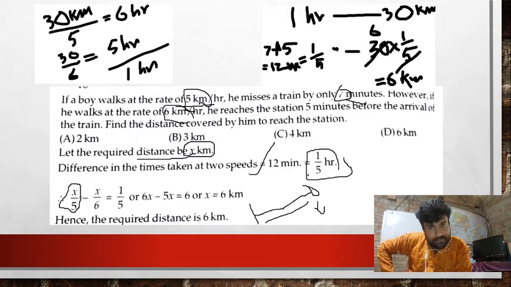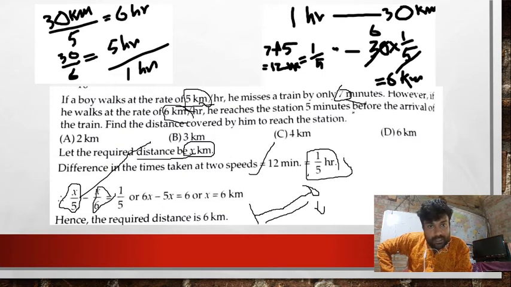And if he goes 6 kilometer per hour, the time taken is x by 6 hour. So we go with the difference, so we subtract, and it is equal to 1 by 5.